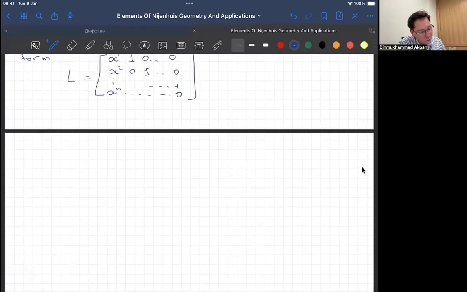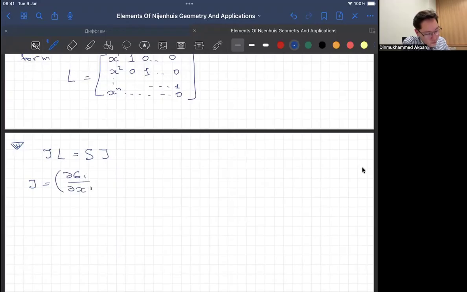First of all, we need to prove that for any Nijenhuis operator we have the following relation: JL equals SJ, where J is the Jacobi matrix of the mapping of the invariants, and S is a matrix like this, very similar to our L, but here we have the invariants, not the coordinates, with a 1 here and 0 elsewhere.